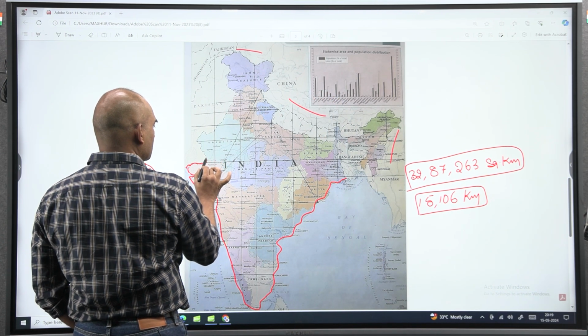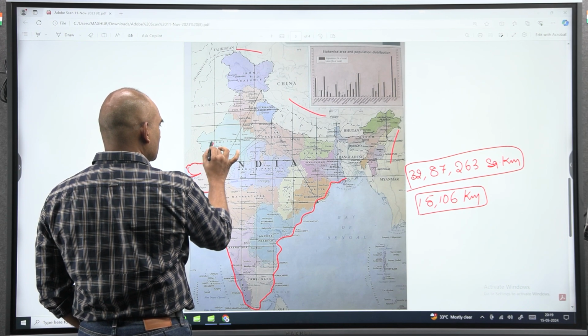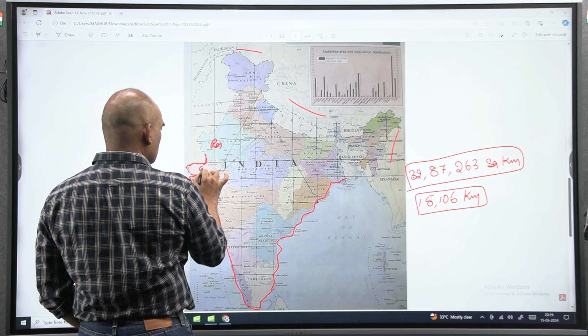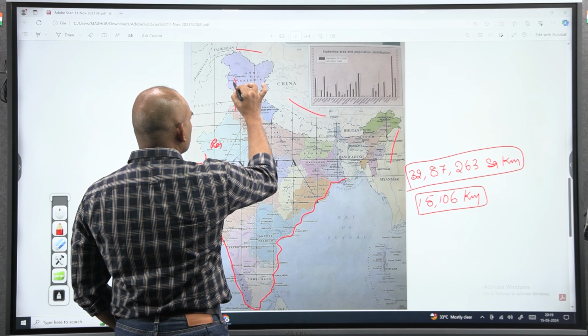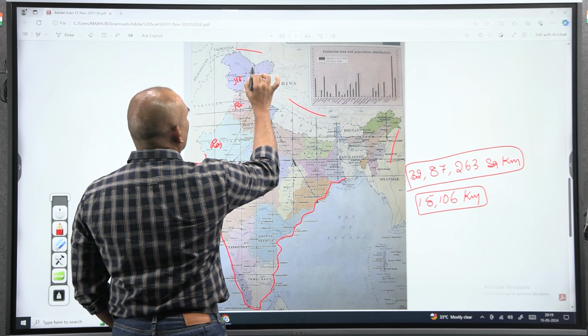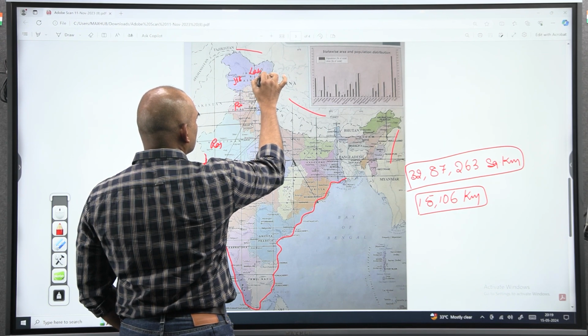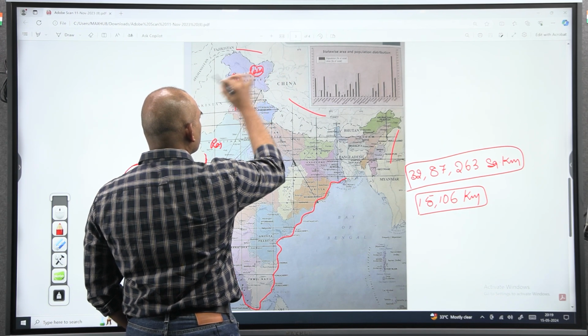Okay. So if you look at the Gujarat region, that is the Rann of Kutch, and this one is Rajasthan, and this is Gujarat, and this one is Punjab, and this is Jammu and Kashmir, and this one is Ladakh. These two are union territories.